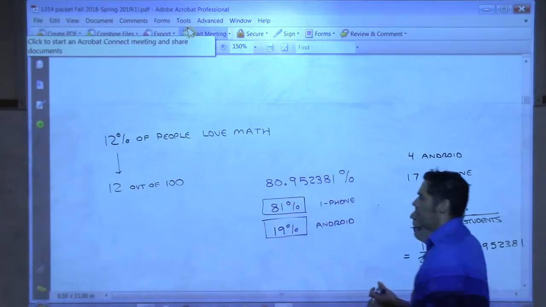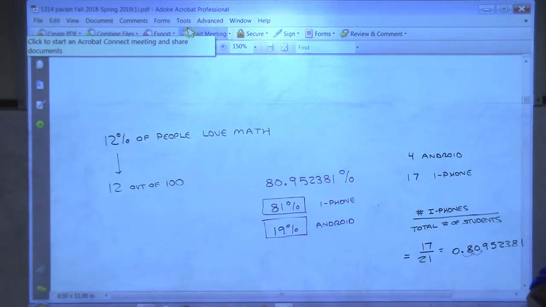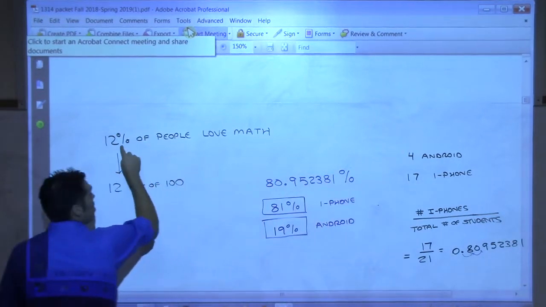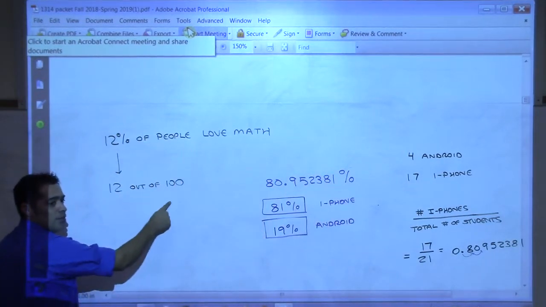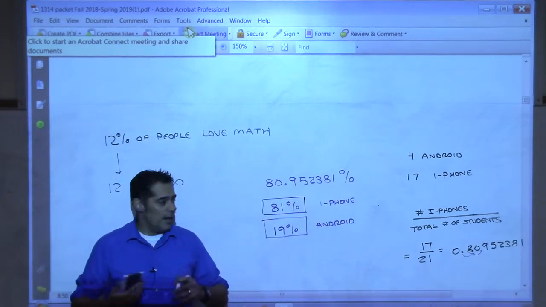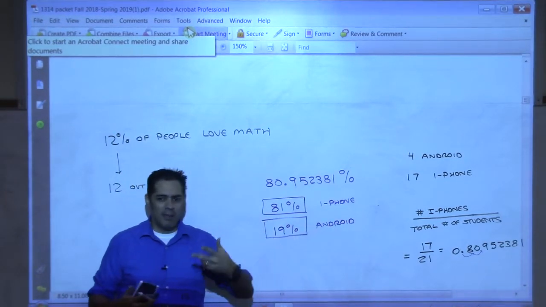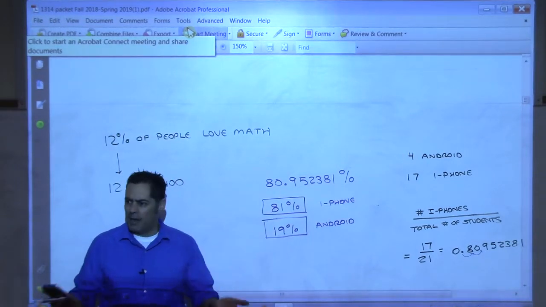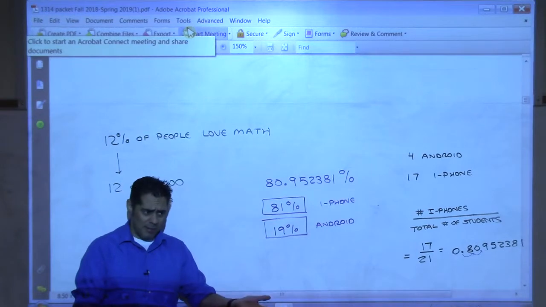Now, the reason I wanted to bring this up was because I just said that 12% of people love math means 12 out of 100, right? So when I say 81% of this class likes iPhones, I don't really mean that there's 100 people in here and 81 of them have iPhones. Does that make sense?